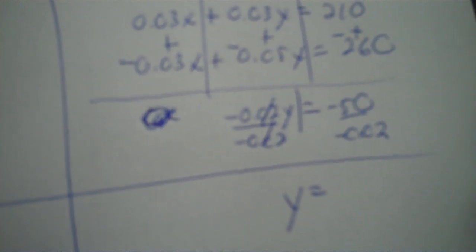Okay. Now we divide by negative 0.02. 2,500. Okay. So that's your Y. That's how much was put in the 5% interest.